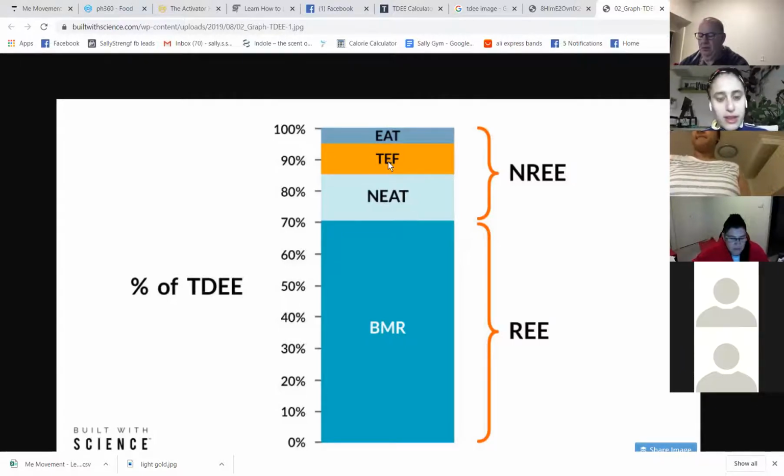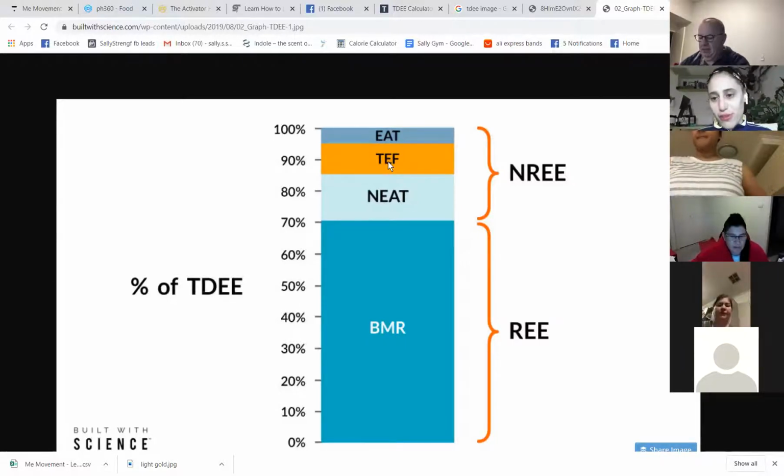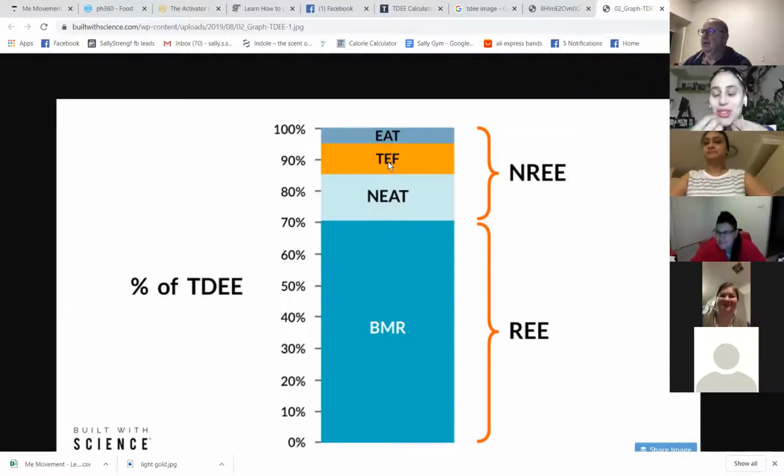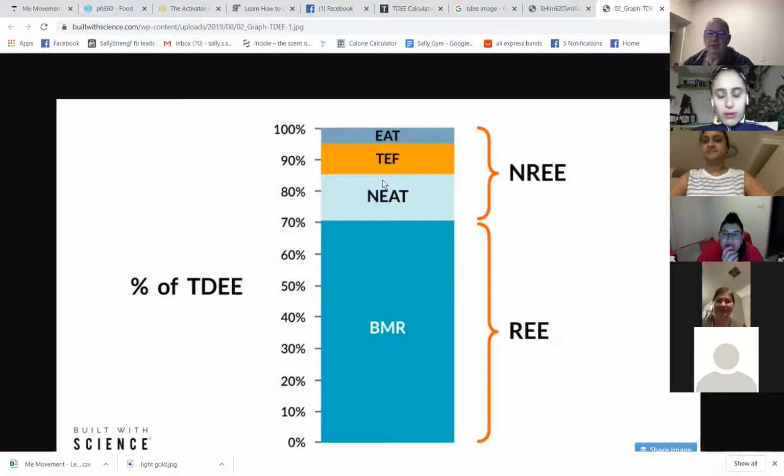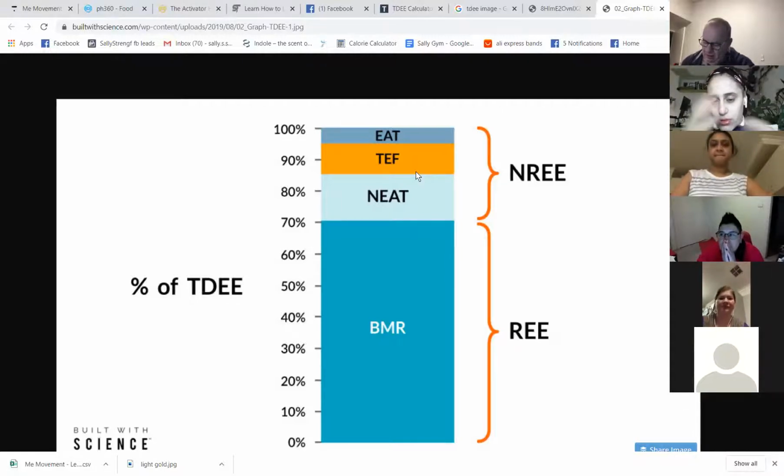Next, thermogenic effects of food. Now, this is where the interesting part comes in. Whenever we consume something, no yawning, Jude, this is interesting. Whenever we consume something, our body needs energy to break that down, right? Make sense? Because how is it going to break down? The reason I tell you to have protein is that protein has a higher thermic effect than things like sugars, carbohydrates or fats.